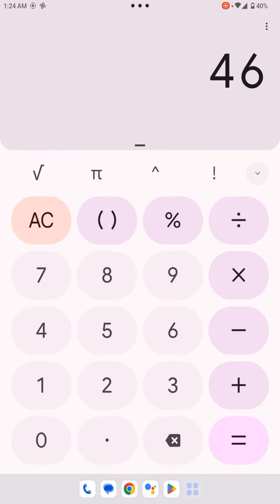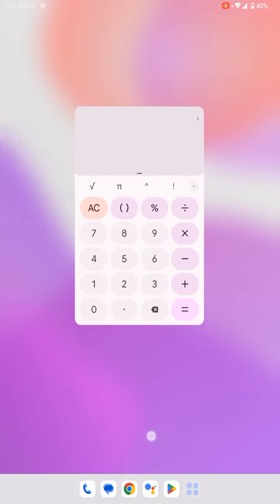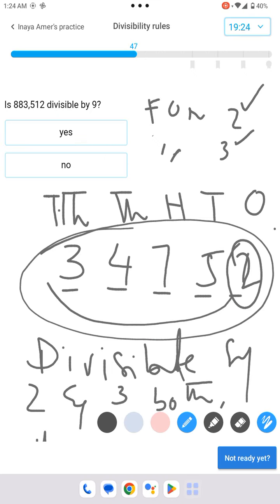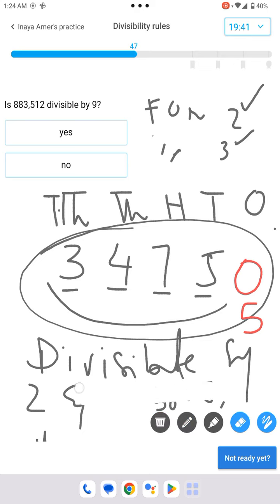Now I tell you some other thing about divisibility that is very simple, about divisibility of 5 and 10. If the digit at the ones place is 0 or 5, then the number can be divided by 5.